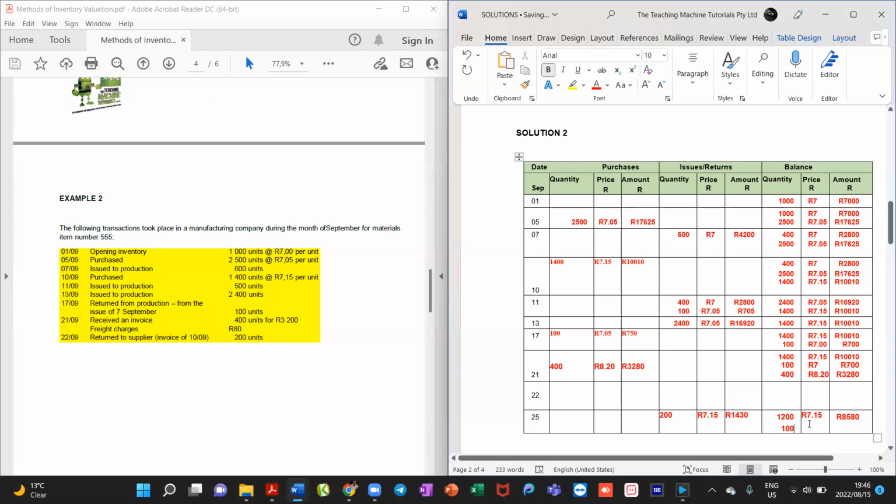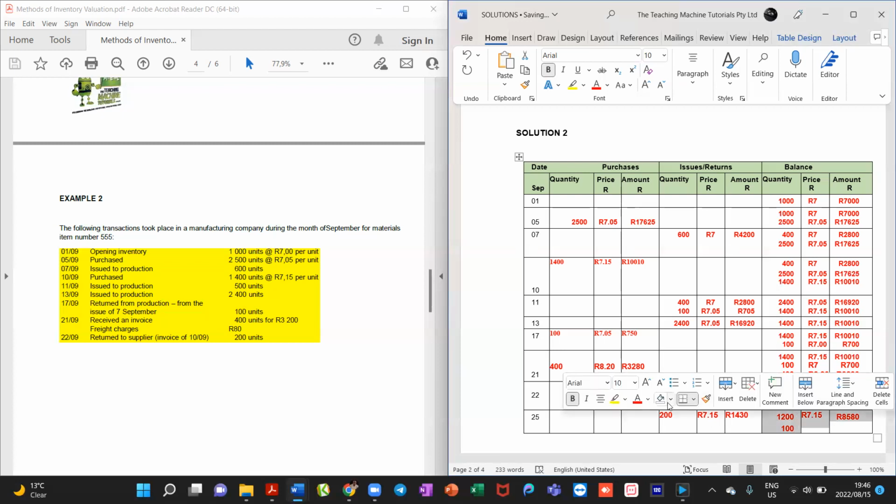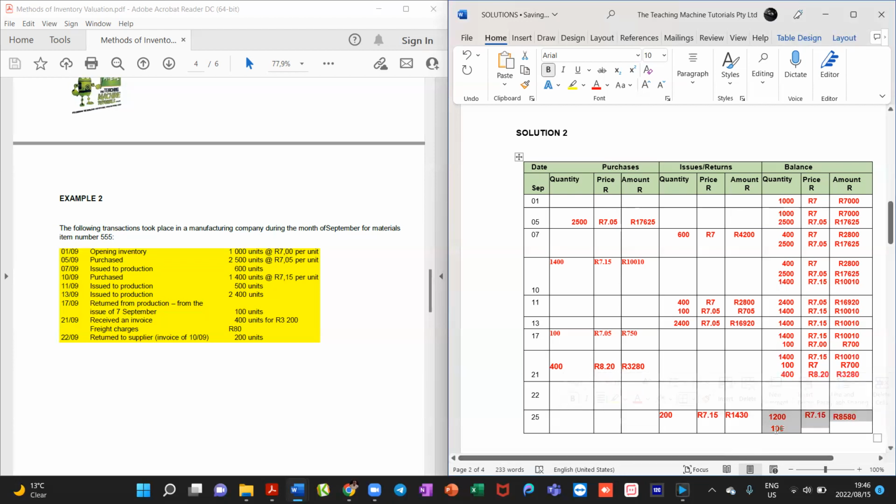100 at 7 rands. Okay, so it's 100 times 7 rands, and the amount here is 700.